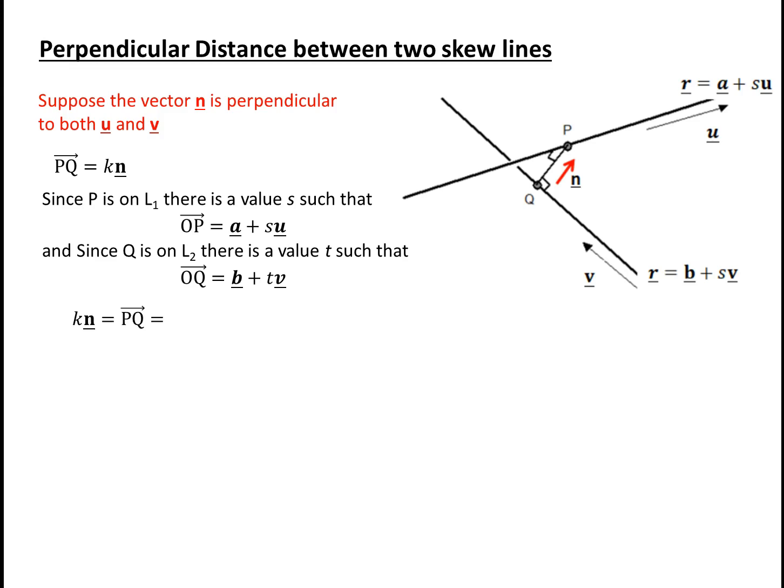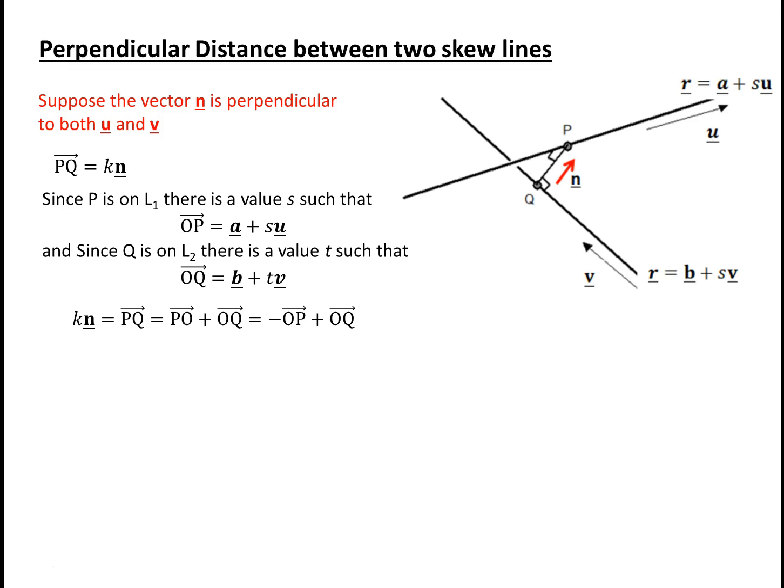Now, we know that K times N is the same thing as the vector PQ for some value of K. And we're going to try and find what this value of K is. PQ is the same thing as the movement from P to O and then from O to Q. P to O is just the opposite of O to P, so that is minus OP plus OQ.